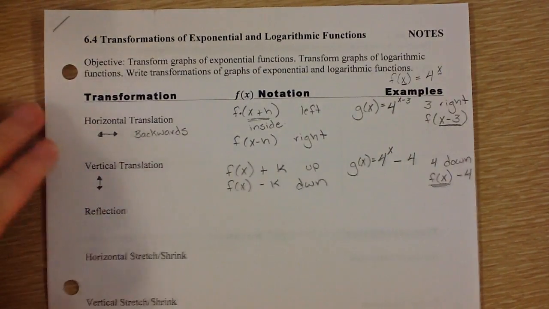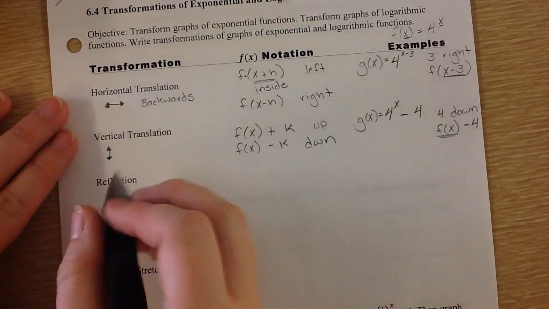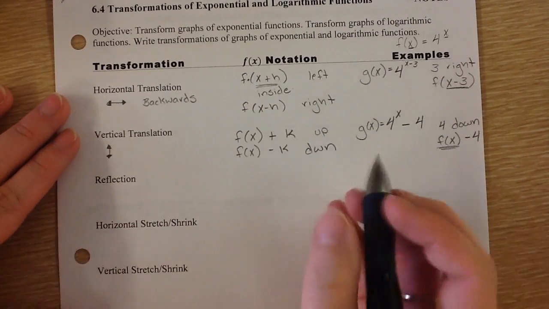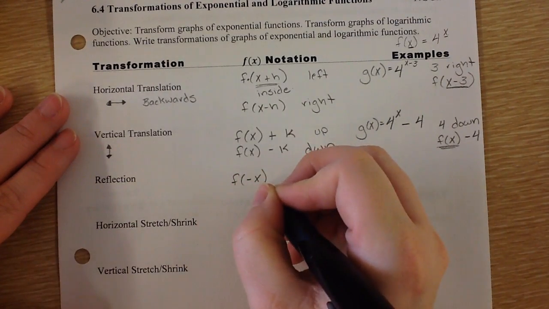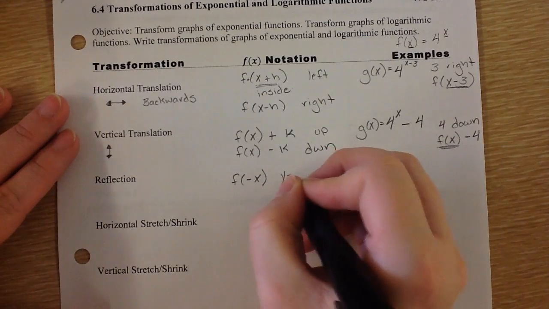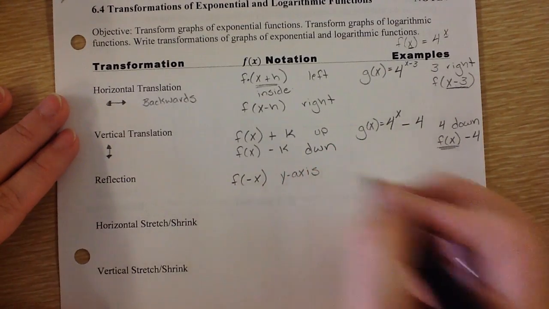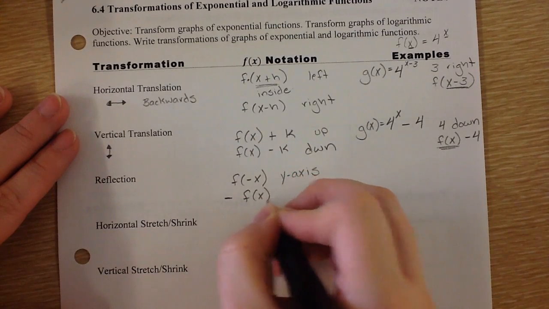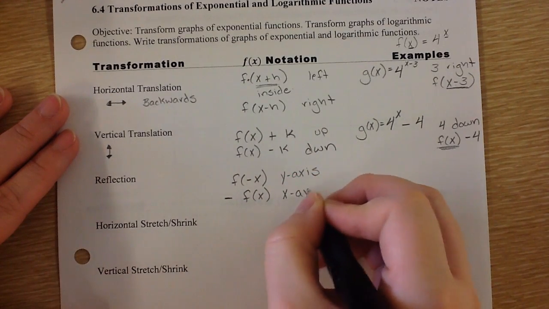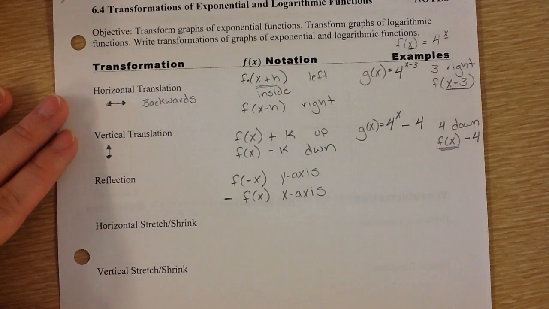Okay, reflection. Reflection involves putting a negative in it. If I put a negative inside the function, that's going to reflect it over the y-axis. Whereas if I put a negative outside my function, that's going to reflect it over the x-axis.